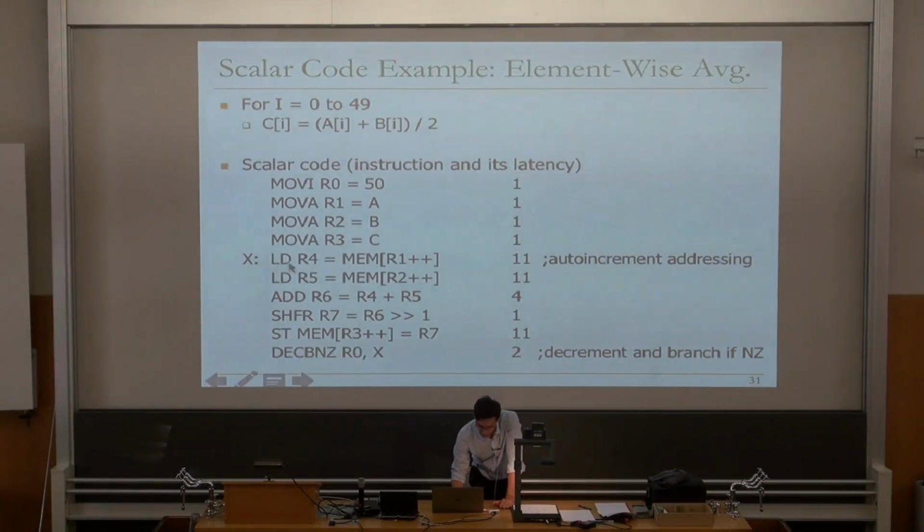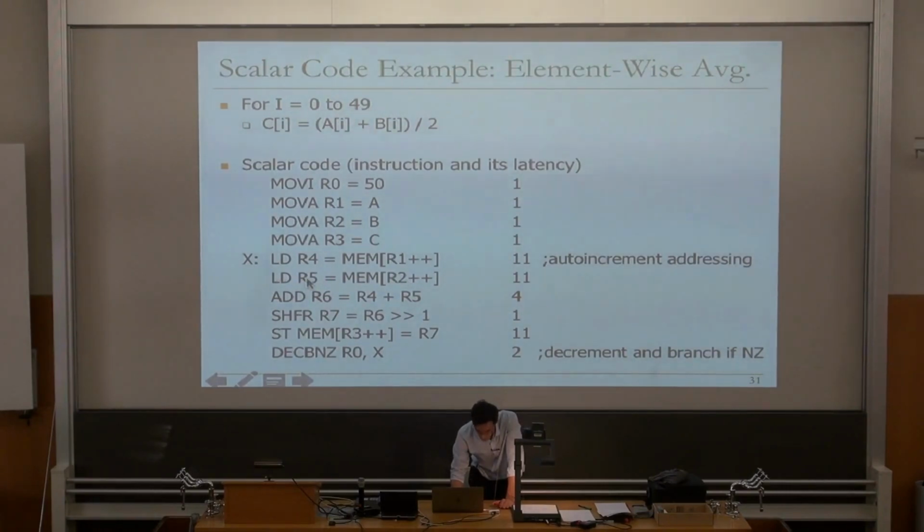So as you can see, the first instruction is a load instruction that accesses memory, the address contained in register 1, and reads from memory and stores the value in register 4. We assume here that we have auto-increment addressing, so just assume that the content of this register is incremented automatically, just for simplicity of the explanation.